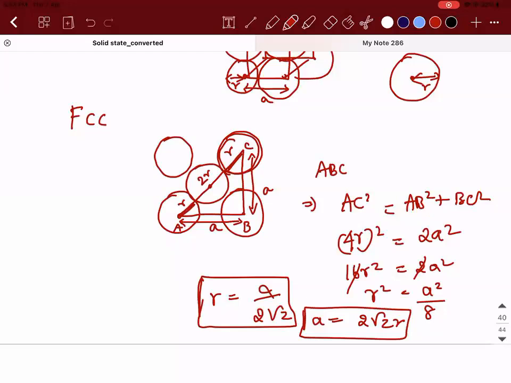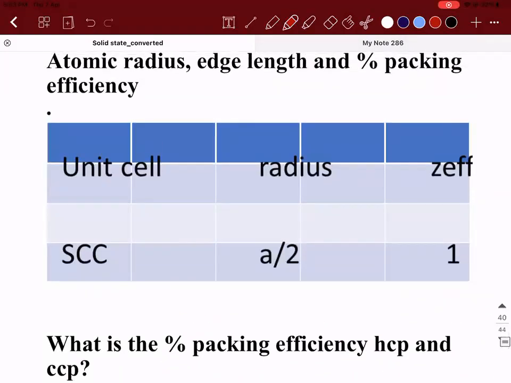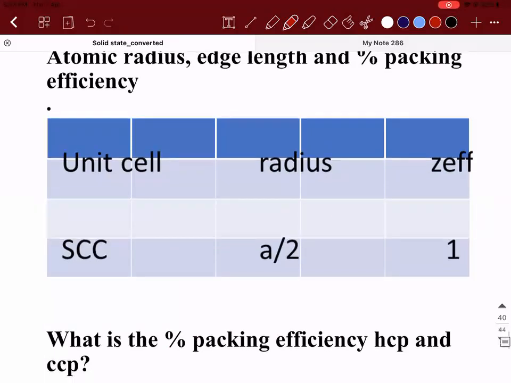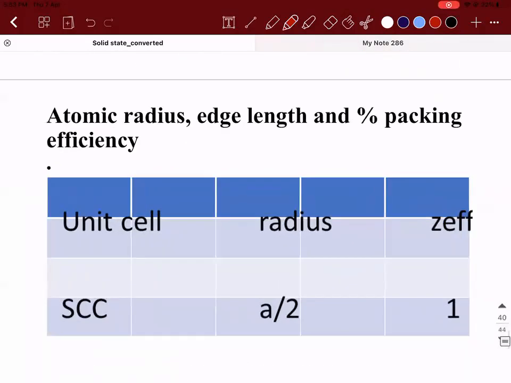So this is for your face-centered cubic cell. Now calculate it for the body-centered cubic cell. Okay, calculated.